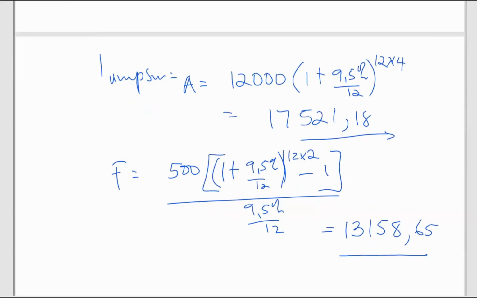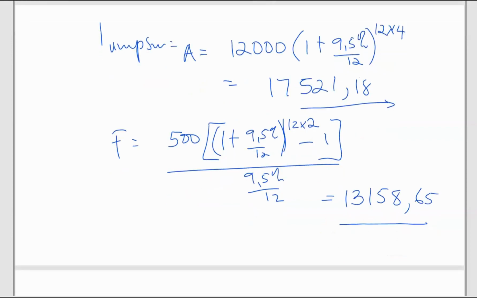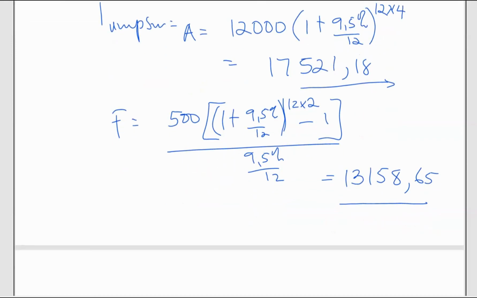So we're saying 500 into 1 plus 9.5% over 12 to the exponent of 24 minus 1 over that. So I'm getting 13,000, guys, for the 2 years.